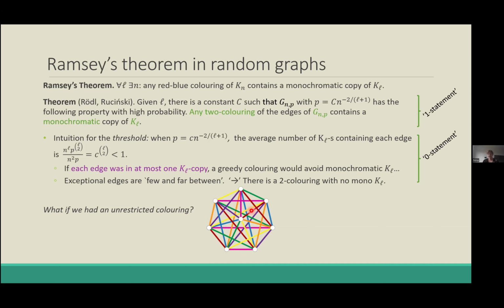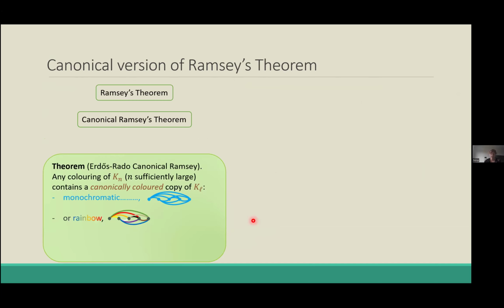So first of all, this problem is not at all obvious in the complete graph. So let's move back to the complete graph and see what we can find in an unrestricted coloring of a complete graph.